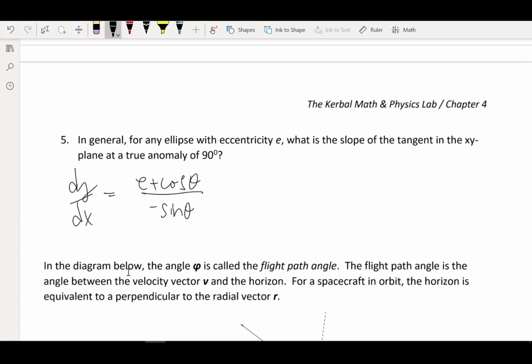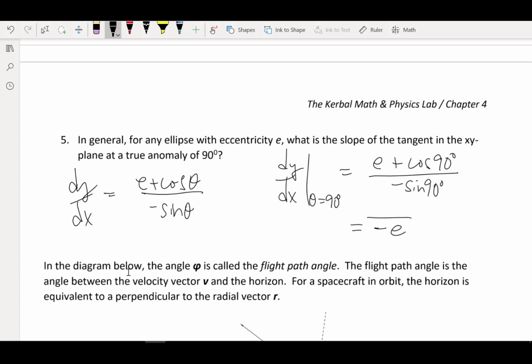So if that true anomaly theta is 90, we plug 90 in here. We have e plus cosine 90 degrees over negative sine 90 degrees. Cosine of 90 is 0, the sine of 90 is 1, so in every case, whatever the eccentricity of the orbit, at 90 degrees the slope of the tangent in the xy plane is negative of that eccentricity.